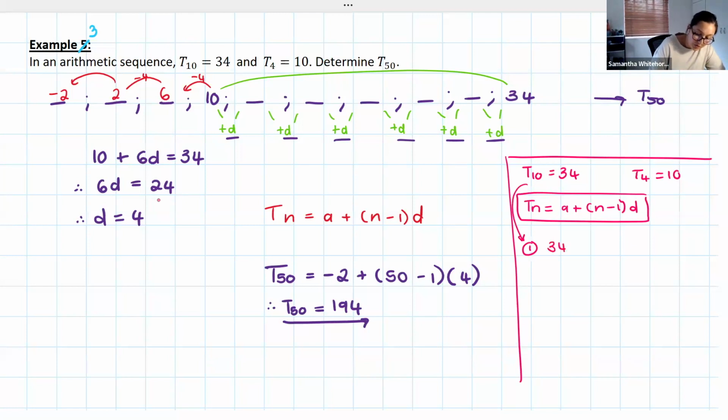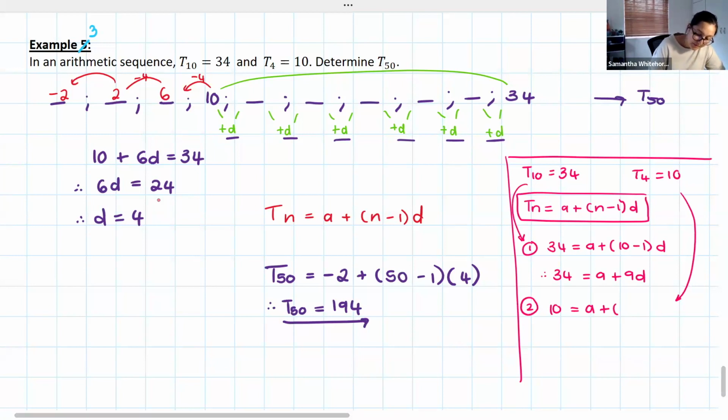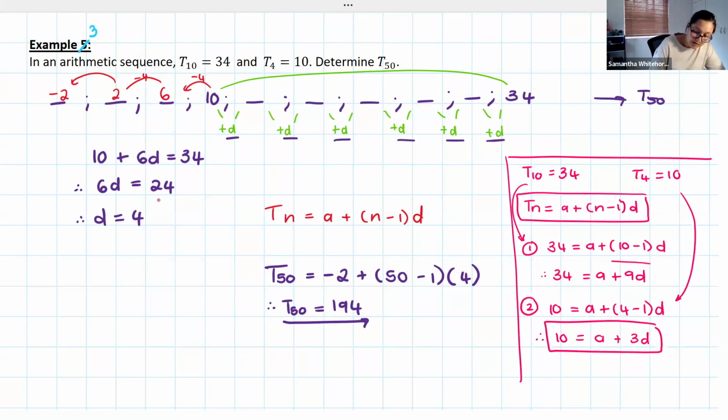So 34 is equal to A plus (10 minus 1)D. So 34 is equal to A plus 9D. And our second equation is if we sub in the value of term 4. 10 is equal to A plus (4 minus 1)D. So 10 is equal to A plus 3D. You now have two equations that you can solve simultaneously.